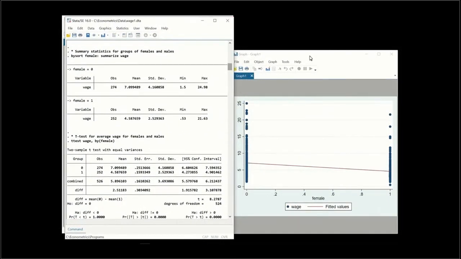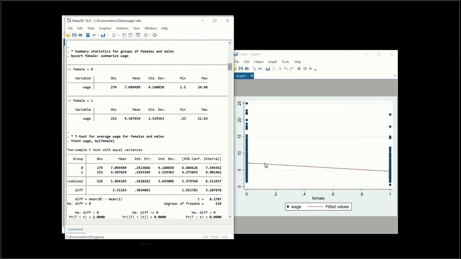Okay, so now we have a graph here of female against wage. Notice that all the points are on just two different values. So we only have the values here for males and the values here for females. So this is why this graph looks strange like that.